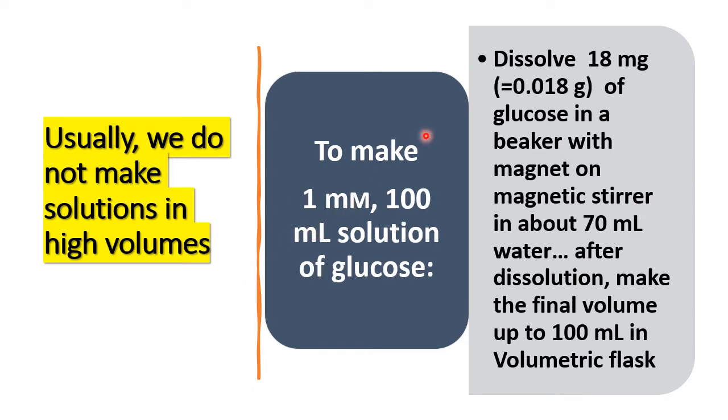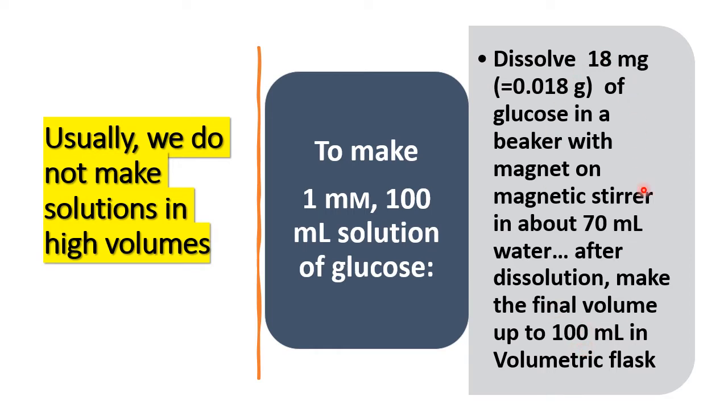Similarly, you may need to make a solution of much lower concentration. Rather than 1 molar, it is only 1 millimolar in 100 ml of solution. Taking the example of glucose, in this case you have to dissolve 18 milligram or 0.018 gram of glucose in a beaker with a magnetic stir bar in about 70 ml of water, and make the final volume to 100 ml.